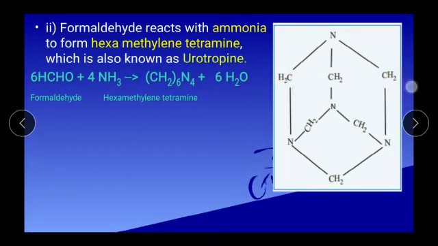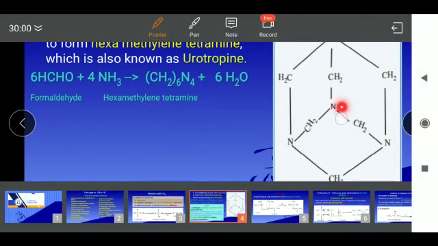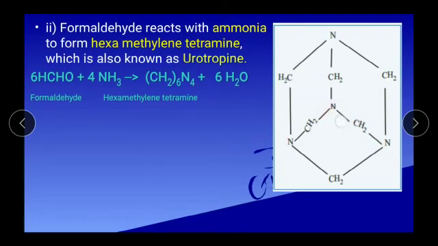Both the CH2 bond with the nitrogen. These two nitrogens separately bond with CH2. Then these two CH2 combine with nitrogen. Then these two nitrogens also commonly combine with CH2. So this is the structure of hexamethylene tetramine, urotropine.